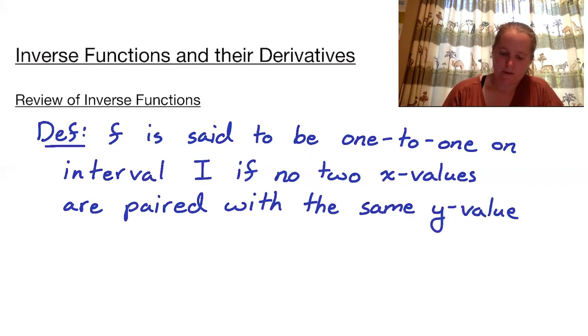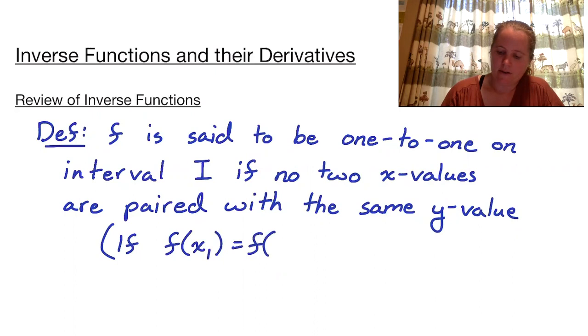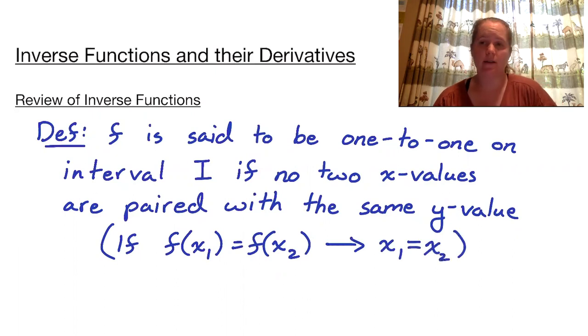Or in other words, if f of x1 equals f of x2, then that has to mean that x1 equals x2. If they were different, we would have two x values going to the same y value or same function value.